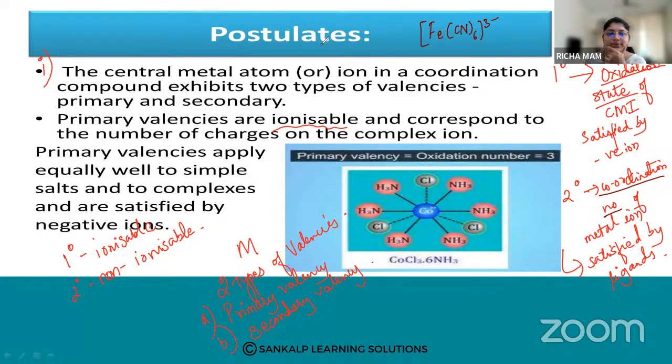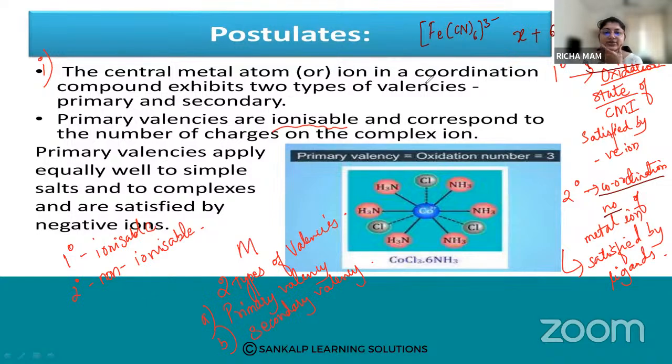Okay, somebody has answered. 3 is the oxidation state. So here, if I put x plus 6 times minus 1 equals minus 3, x is equal to plus 3. Very good. And coordination number counts only ligands. How many ligands are there here?